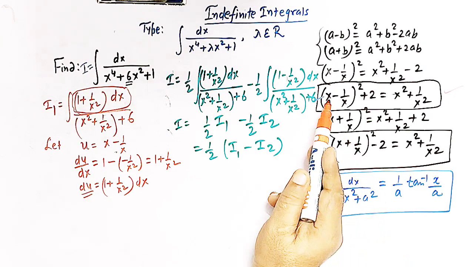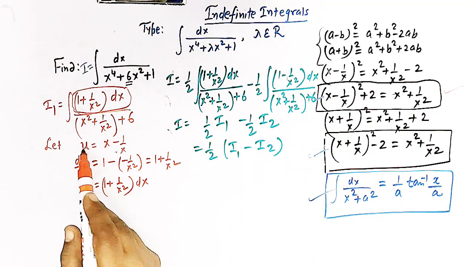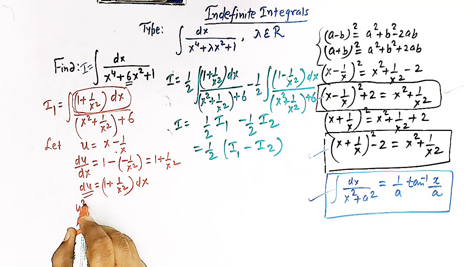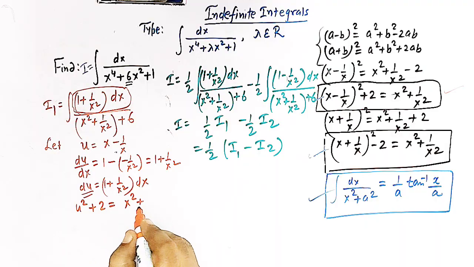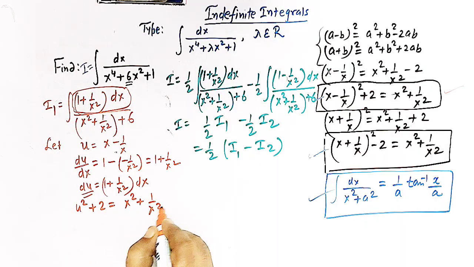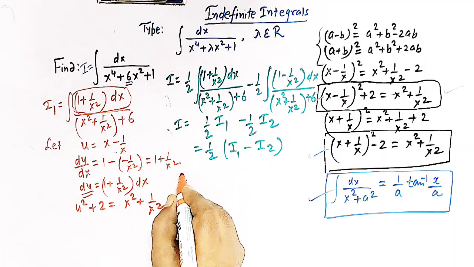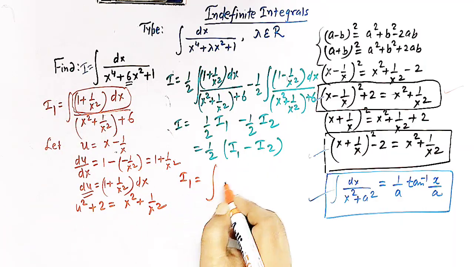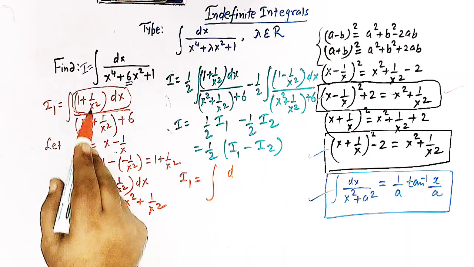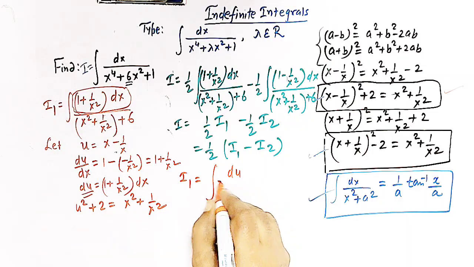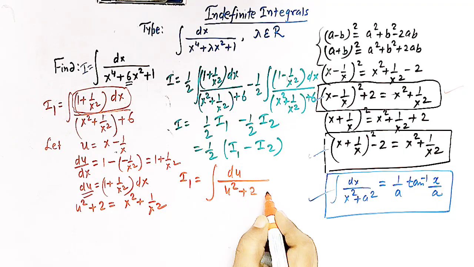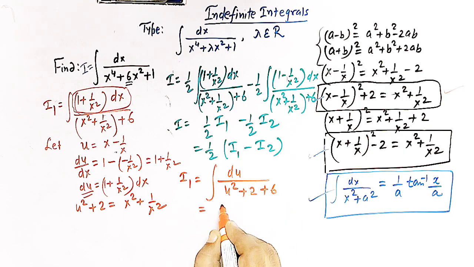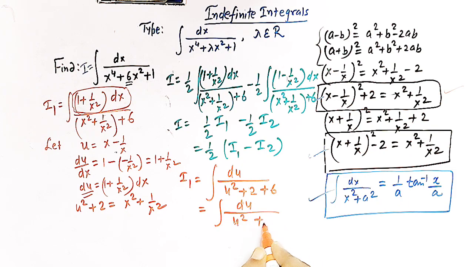So taking x minus 1 over x as u, we can write u square plus 2 is equal to x square plus 1 over x square. So now our integral I1 takes the form du, and in the denominator we can write u square plus 2 plus 6, that is equal to the integral of du over u square plus 8.